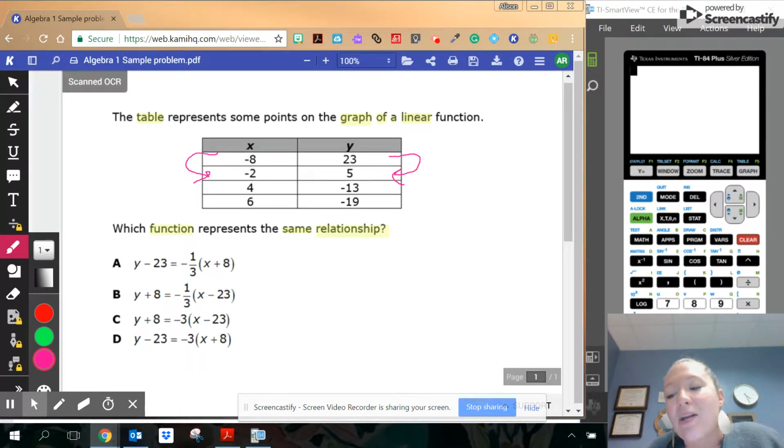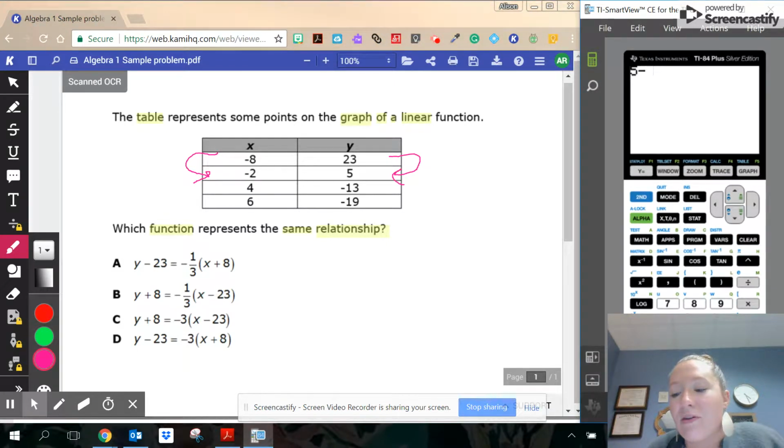How did y change going from 23 to 5? I can do 5 minus 23, and I get negative 18. Then for x, I can do negative 2 minus negative 8, and I get 6.